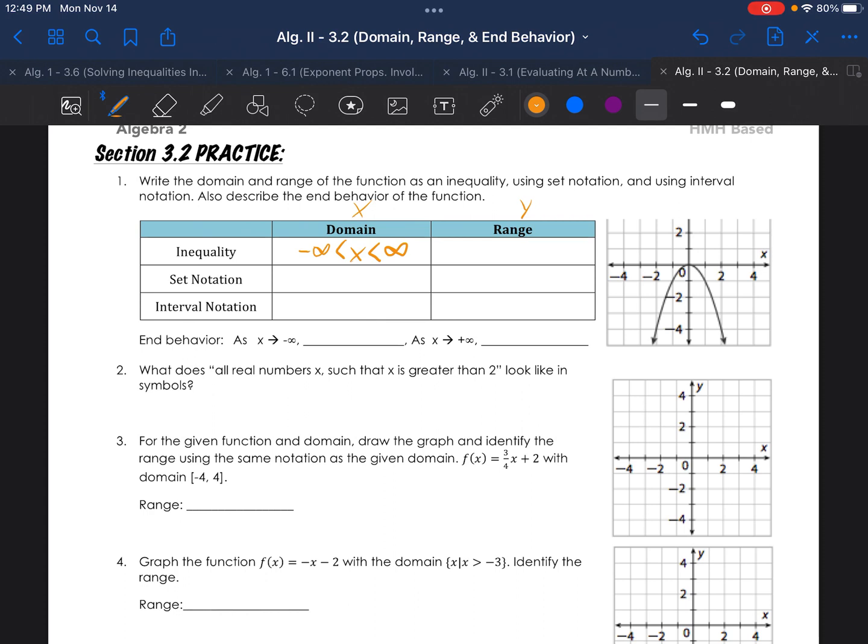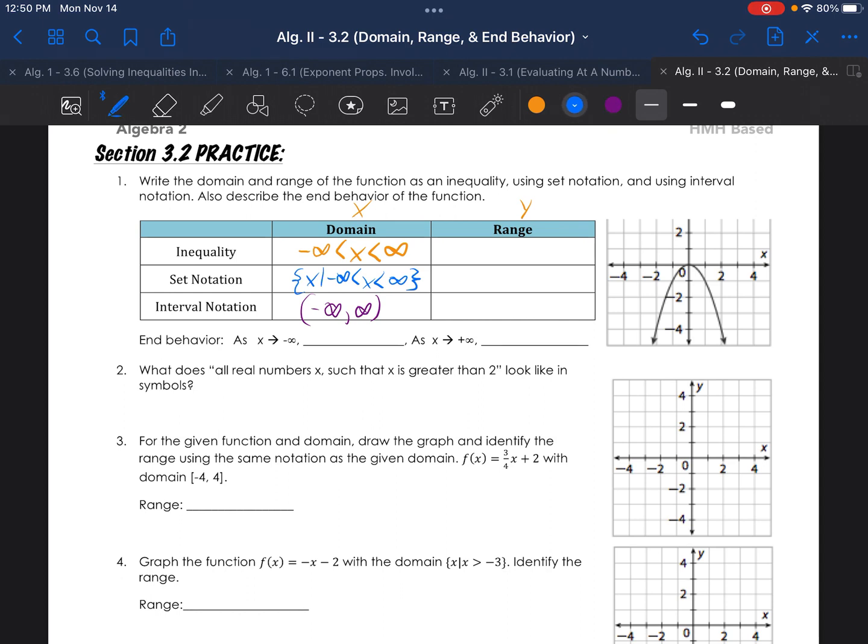Because it goes all the way to the left, all the way to the right with no interruptions. So the set notation then is just going to be x such that, and then rewriting that inequality with the braces. The interval of that would be negative infinity comma infinity with parentheses. They can't reach infinity and negative infinity.